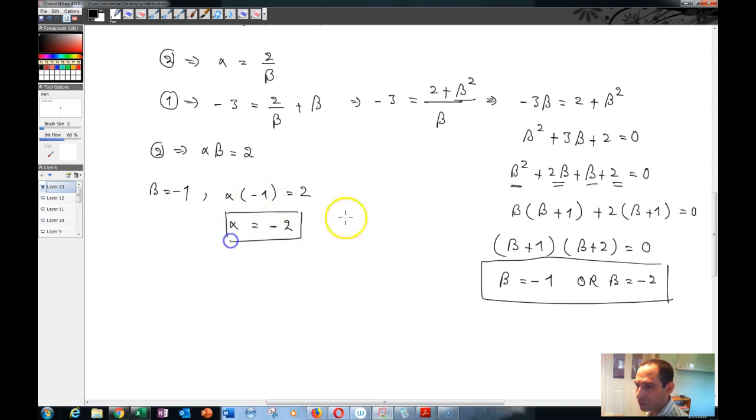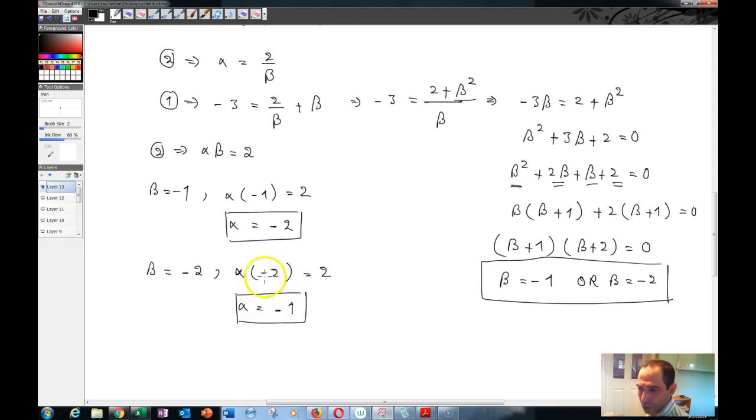That's some value for alpha. And then if beta is equal to -2, then alpha times -2 is equal to 2 from here. So alpha is equal to 2 divided by -2, which is equal to -1.